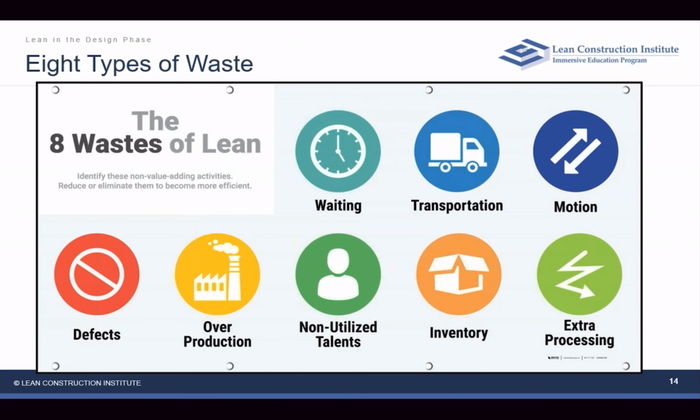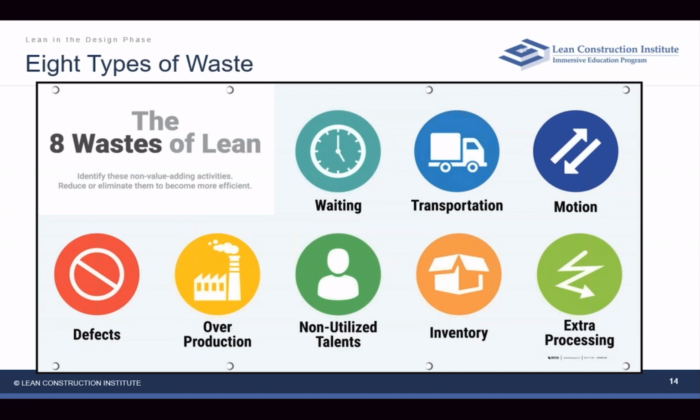The 8 types of waste are something that the lean manufacturing industry has really evolved and developed. And these are easy ways where all folks are able to take these wastes and apply them to their own work. And they're able to start improving things and driving out waste. So what we've done is we've taken these manufacturing concepts and applied them to the lean construction industry.